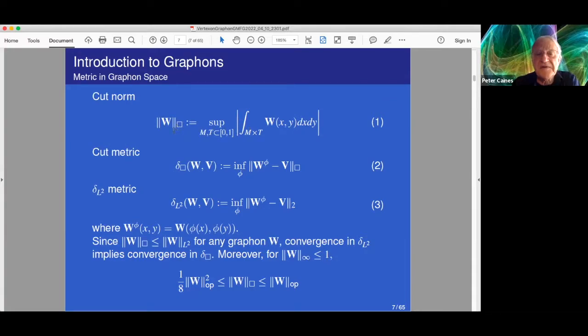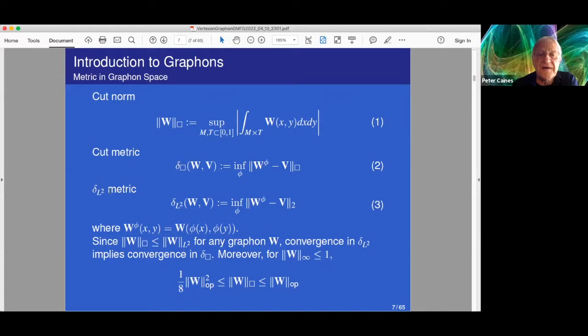Now, we define a metric by re-indexing: if you have a difference between two graphons, then you re-index one of them with the class of measurable, measure-preserving bijections of the unit interval into itself. So you infimize over that set, and this then will give you the cut metric.